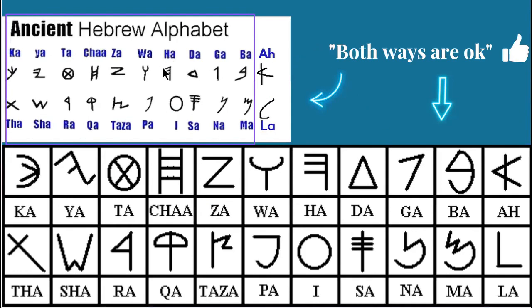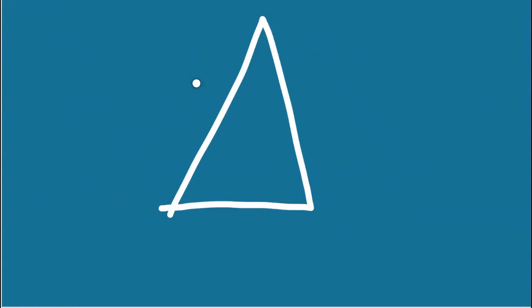They got it drawn here kind of small, and here this is like a perfect triangle. But either way, just draw it either one of those ways and it still would be the da. It's not really that hard. Like I said, it's a triangle. However you want to draw that triangle, just make it look kind of similar to what's on the chart. Boom. Da.